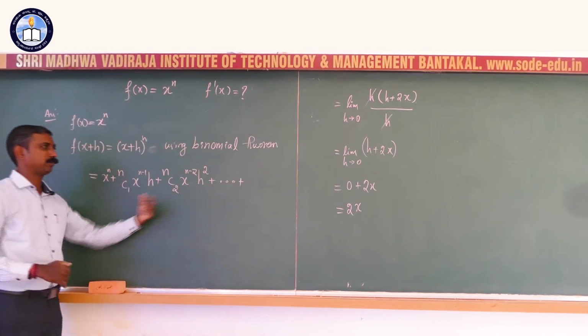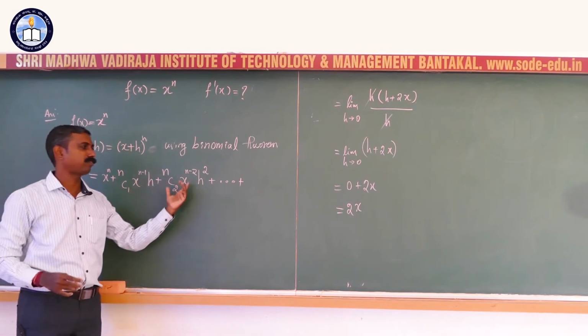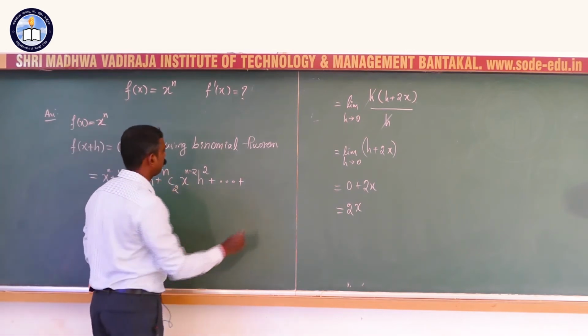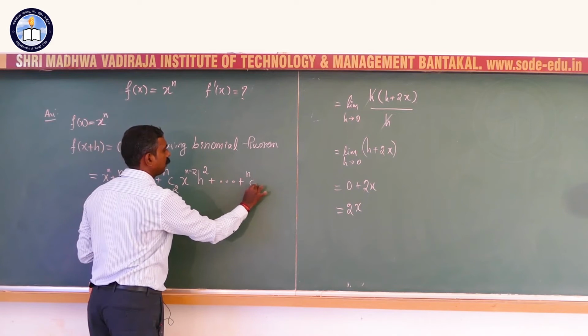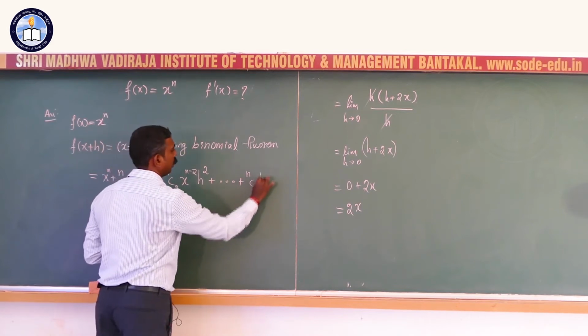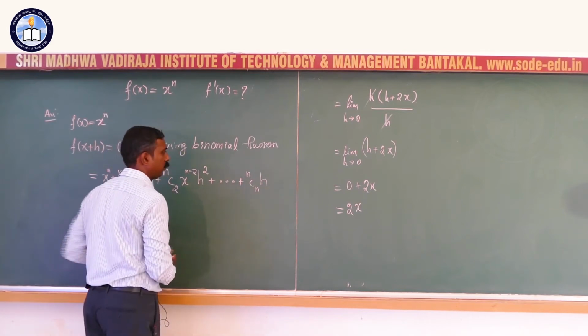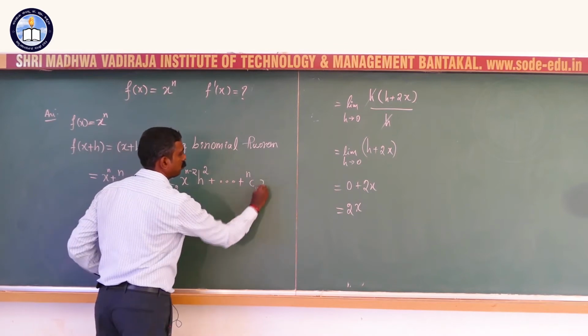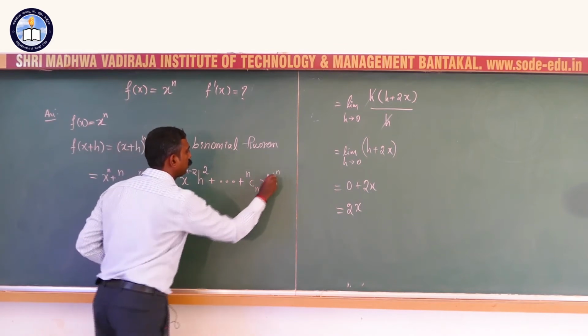I am not interested in the remaining terms because the powers of x reduce, and the final term will be nCn x to the power 0 h to the power n.